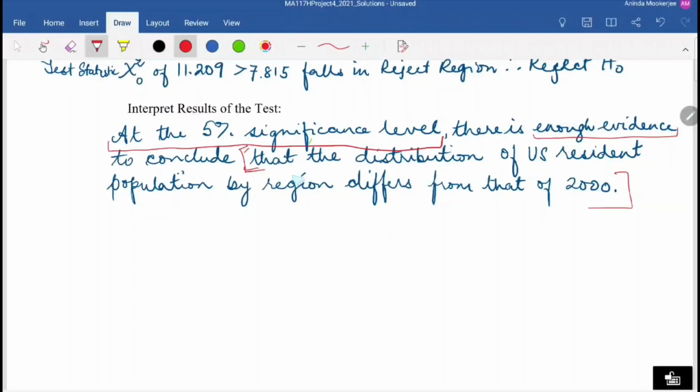So you have to write it as that the distribution of US resident population by region has changed from that of 2000 or differs from that of 2000. All right. You just cannot say that to conclude that we reject the null hypothesis. All right. So make sure your interpretation is complete.